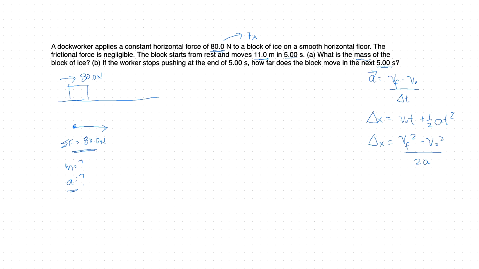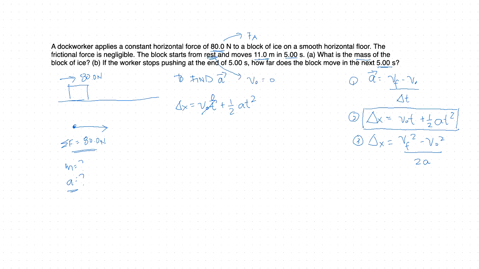Coming from here, we know that we have displacement and we have time duration, so we can use the second equation to find the acceleration. We have displacement is equal to the initial velocity times time plus 1/2 at squared. We know that the ice started from rest, which means that the initial velocity is 0.